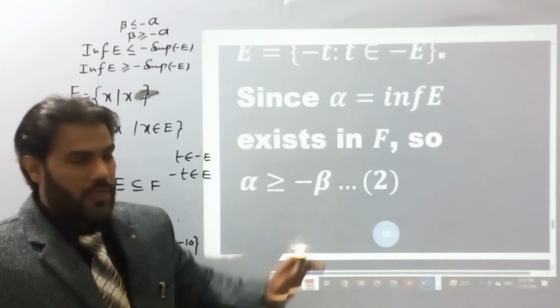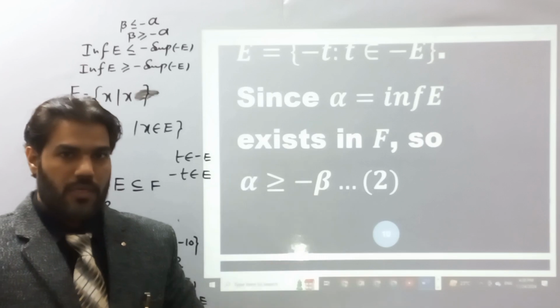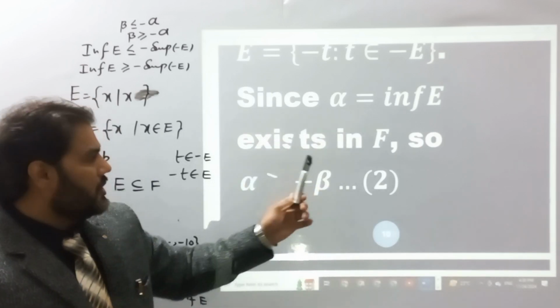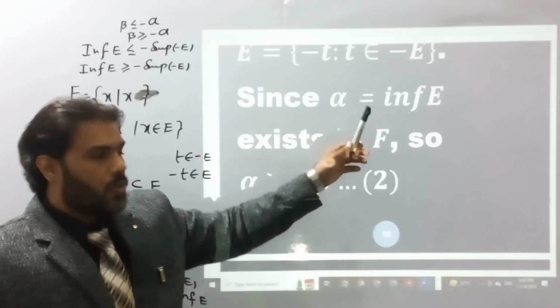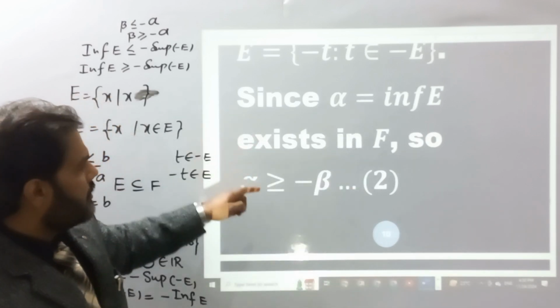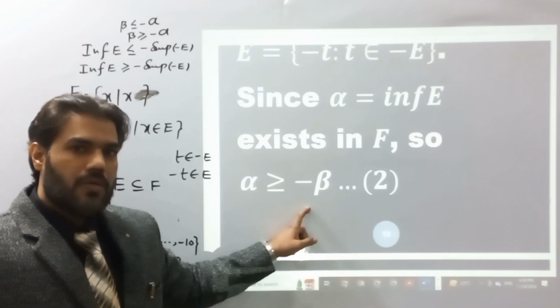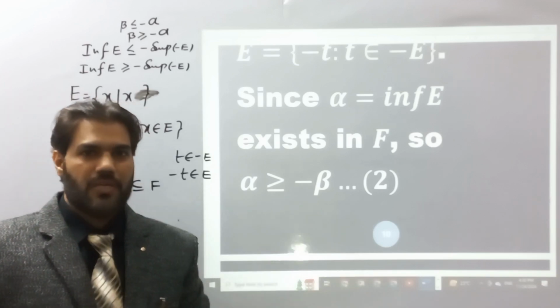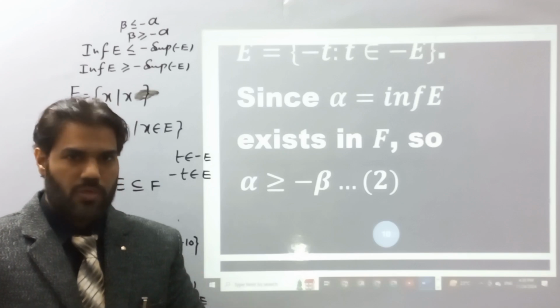Since alpha is equal to the infimum of E, which we assumed at the start, what is the infimum? The infimum is the greatest lower bound, and minus beta is a lower bound. So what is the relation between a lower bound and the greatest lower bound?